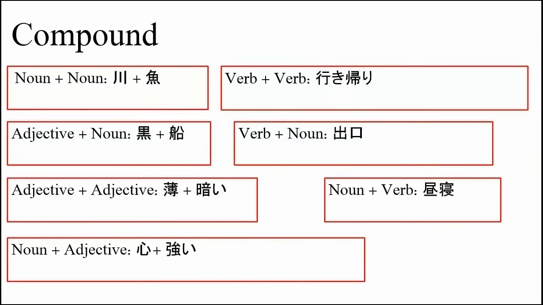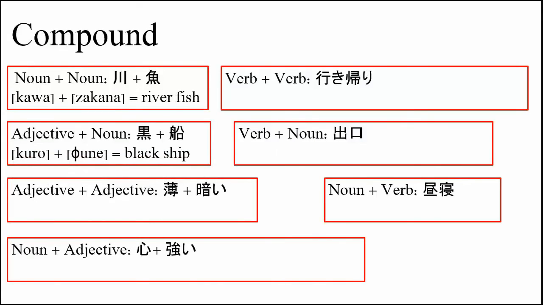Noun plus noun can be something like kawa plus zakana, which is river plus fish. This is the Japanese word for a fish from the river. Adjective plus noun can be something like kuro plus fune, which is black plus ship. This is the word for Commodore Matthew Perry's black ship.